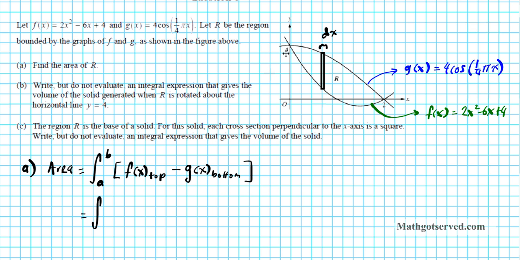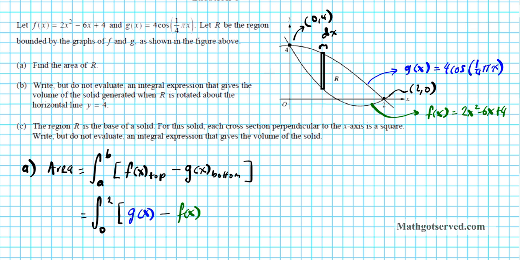So in this scenario, our area is going to be the integral. We are integrating from, let's write down the coordinates of our points. This is 0, 4. And then this point right here is 2, 0. We are just going along the x's. So from x equals 0, we're going from 0 to 2 of the function on the top. What's the function on the top? In this problem, it is g of x. Minus the function on the bottom. In this case, it's f of x.